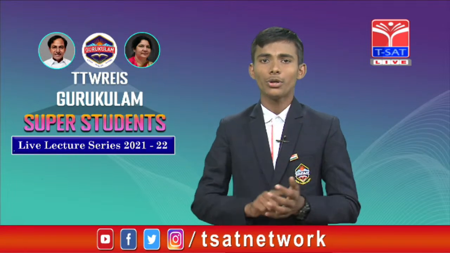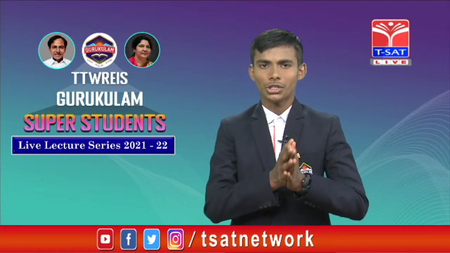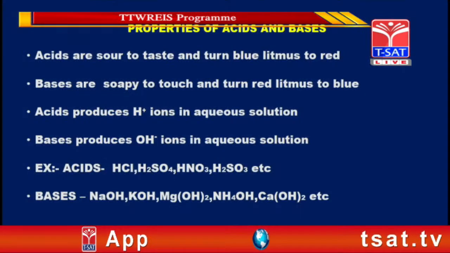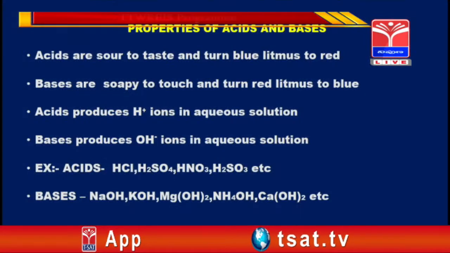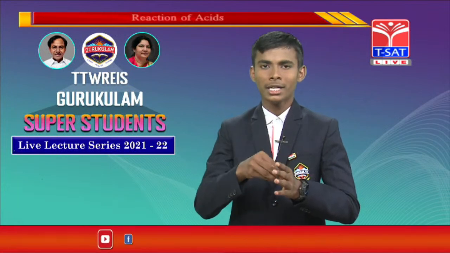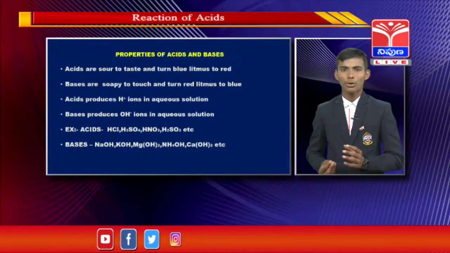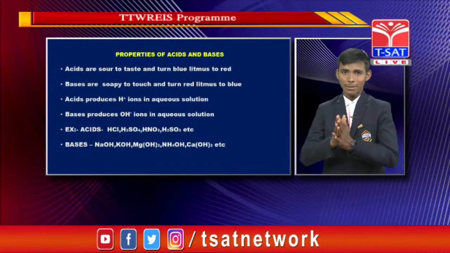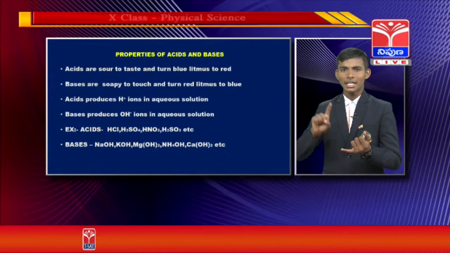And acids produce H plus ions in the aqueous solution. Aqueous solution means a solution in which water acts as a solvent. It is known as aqueous solution. When water is added to the acid, it undergoes dissociation and produces H plus ions. For example, take hydrochloric acid and sulfuric acid.